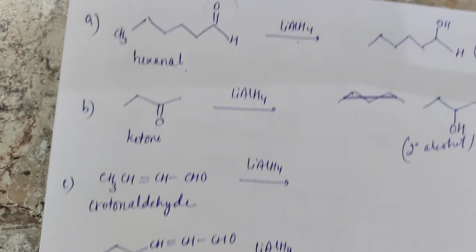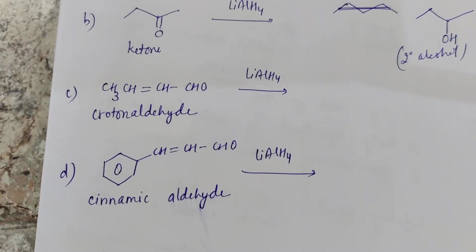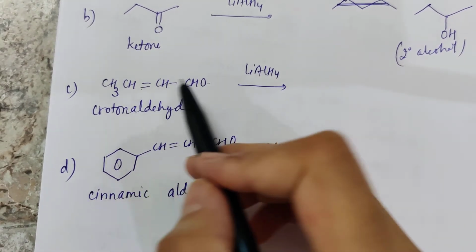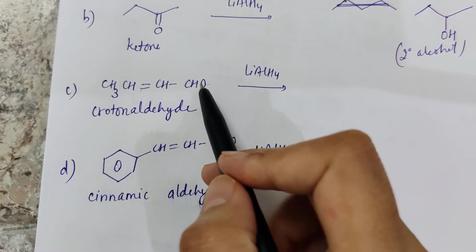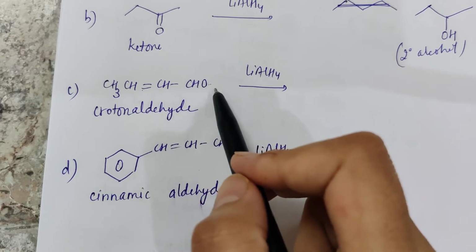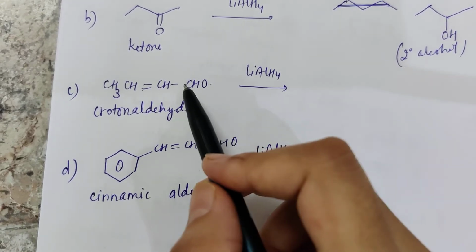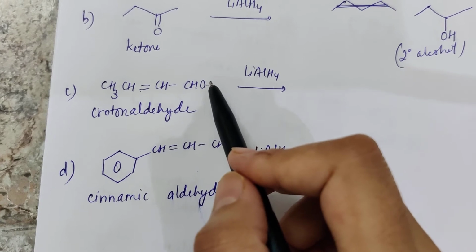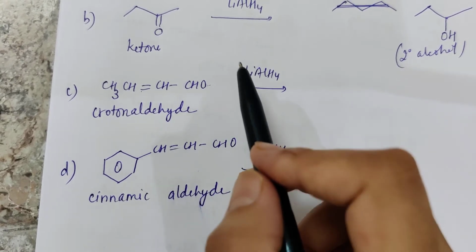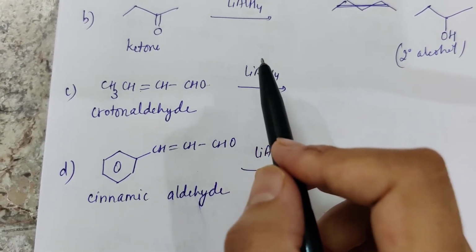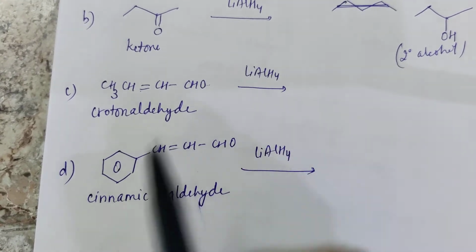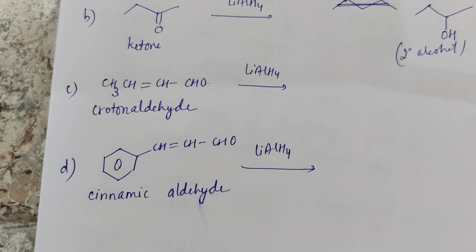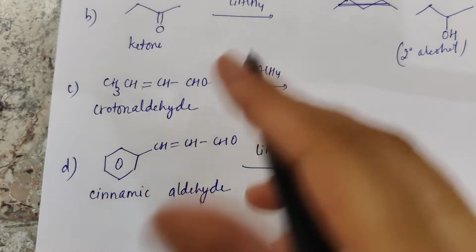The third reaction is crotonaldehyde. Crotonaldehyde has a conjugated double bond present with the aldehyde group. But as we have discussed earlier, ketones, aldehydes, esters, and amides will be reduced by lithium aluminum hydride, but there will be no effect on the double bond present.